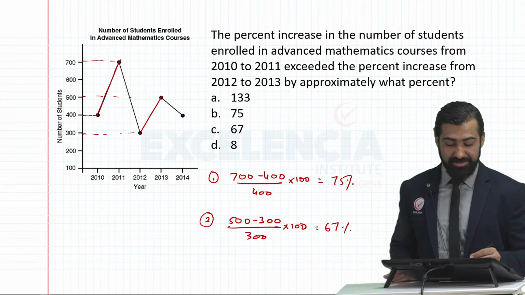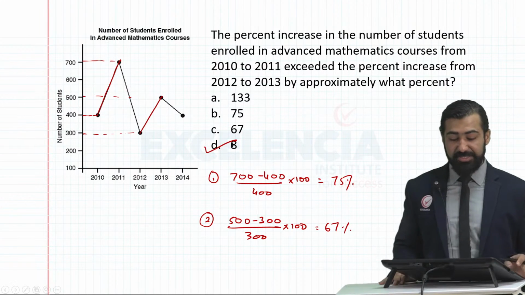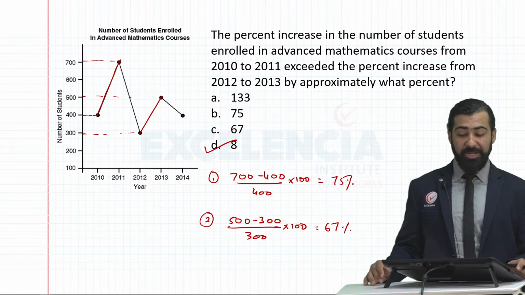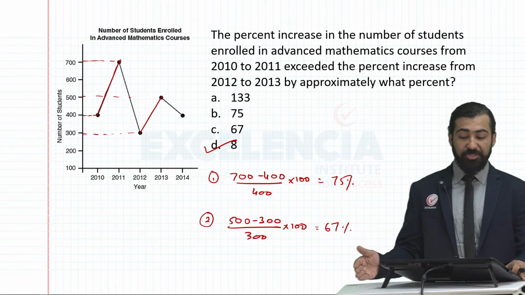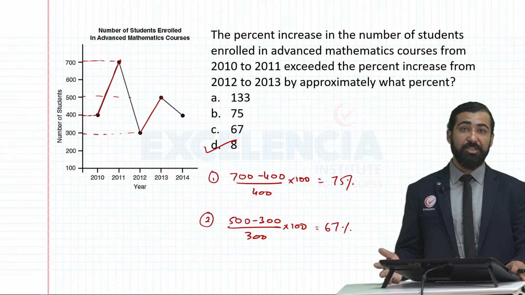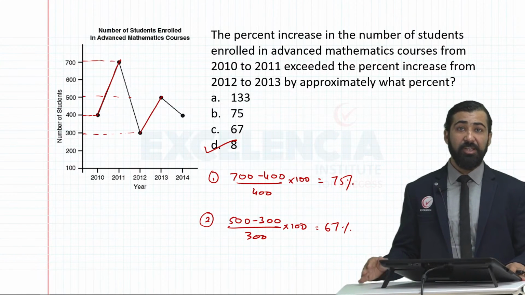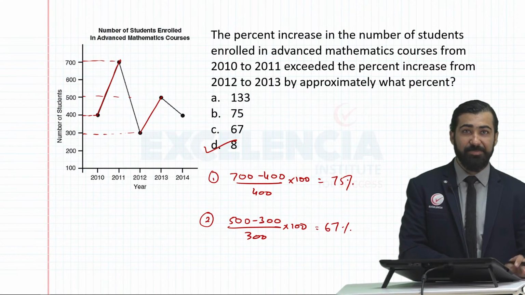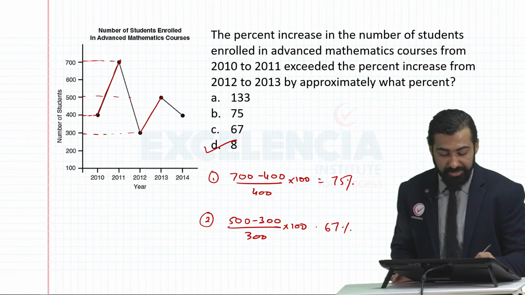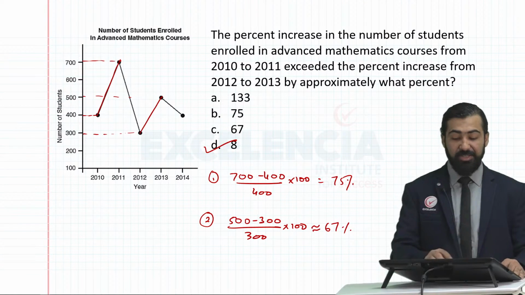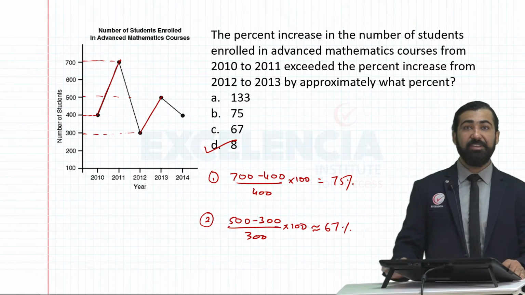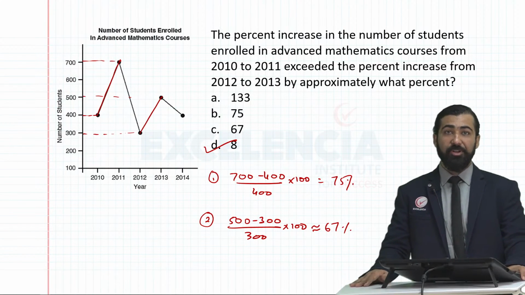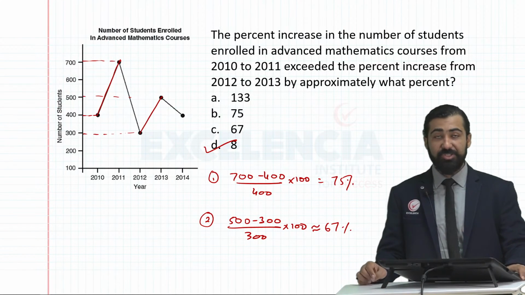It's 66.66%, which I'm taking as 67. So when you compare the two percentages, 2010 to 2011 comes out to be 75%, and 2012 to 2013 comes out to be 66.66%, which I've taken approximately as 67%. 75 minus 67 gives you an 8-point difference, which is the approximate difference between the percentages.